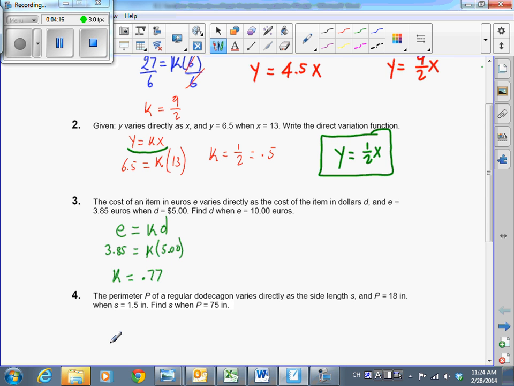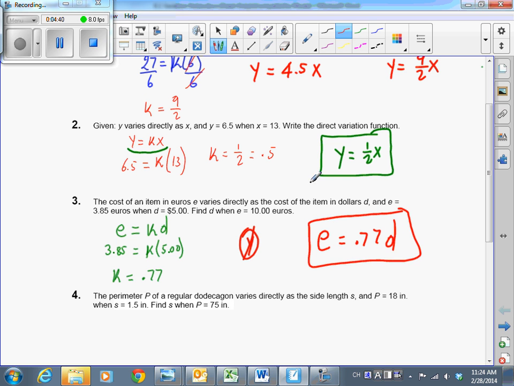Now, why do I use 0.77? It's because we're talking about dollars. I don't mind having that exact fraction of decimal. So I will rewrite this one now as y equals what? It's not y, I got you there. It's E equals 0.77D. And that will be the final answer.